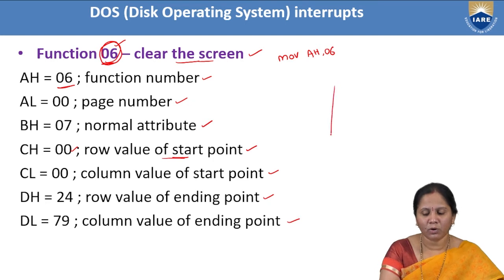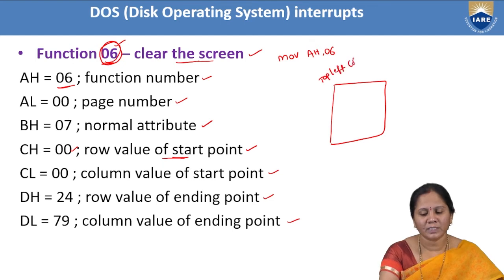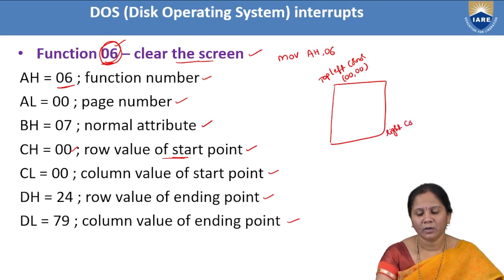We have just drawn the screen, with the top left corner having the values 00 and 00, and the bottom right corner having the values 24 and 79.